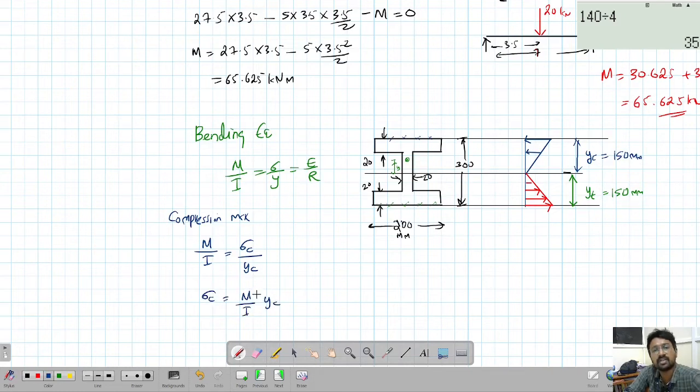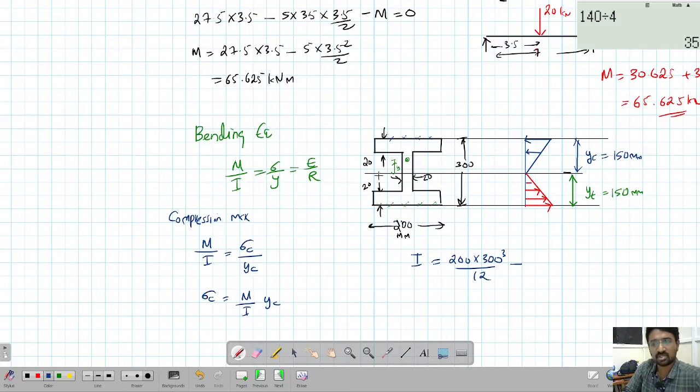Now we want to find the value of I. It's a symmetric section, so we can find it very fast. First you find the I of the full rectangle, that is 200 into 300 cube by 12. Then from that you subtract a rectangle made of these two cut portions.